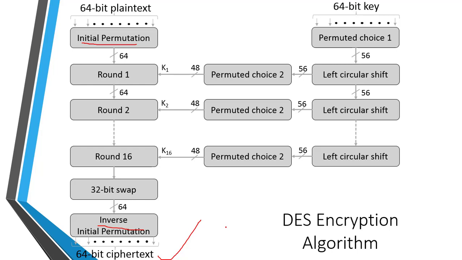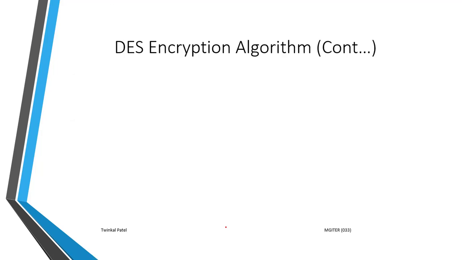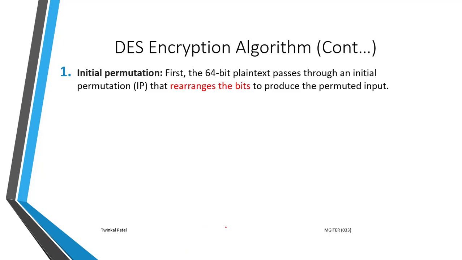Now we will see the main operations of the DES encryption algorithm. First is initial permutation. The 64-bit plaintext passes through an initial permutation that rearranges bits to produce the permuted input. So the initial permutation operation is also known as rearranging the bits.